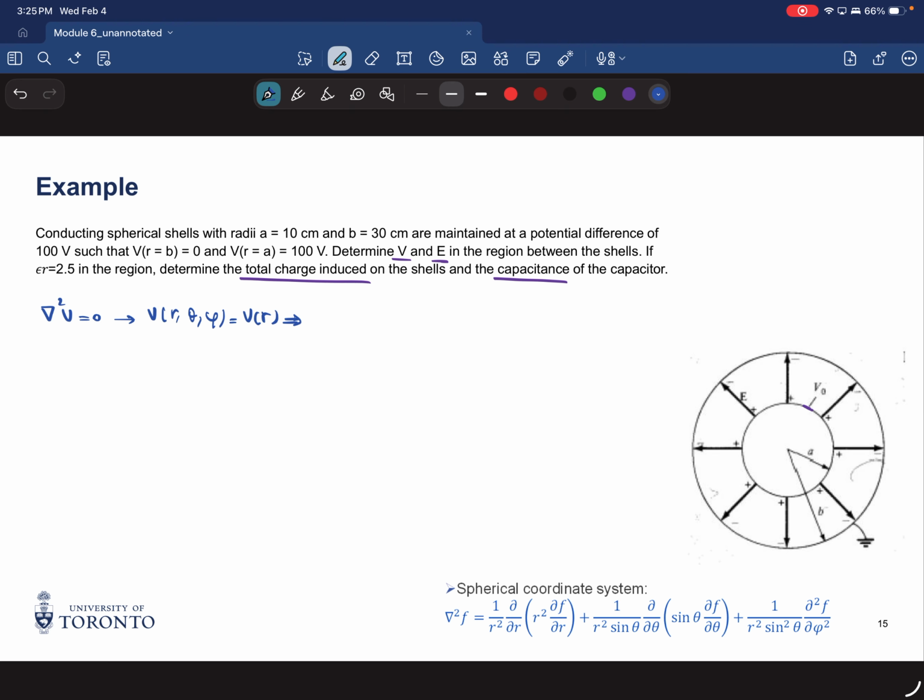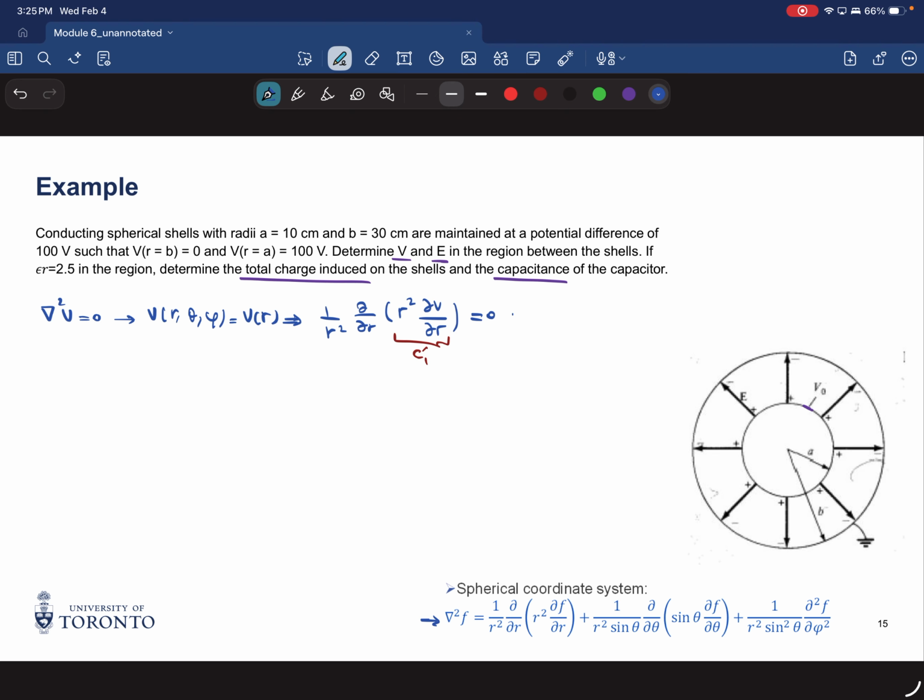And now, when we look at the Laplacian in the spherical coordinate system, if V is only a function of R, then the Laplacian is equal to 0. So this means that this has to be a constant number, C1 prime, let's say.